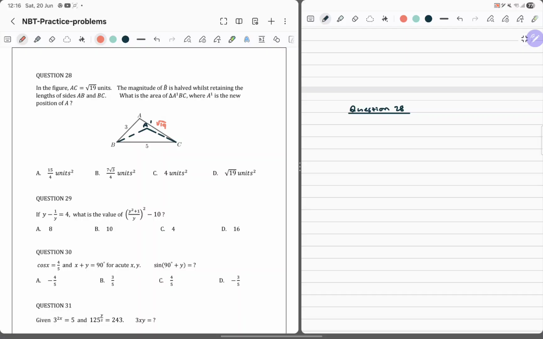But if I do that, I'm gonna run into some serious problems. I can't use the calculator. So this is 3.